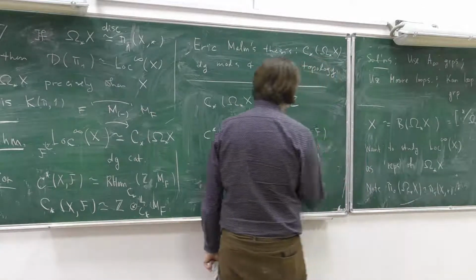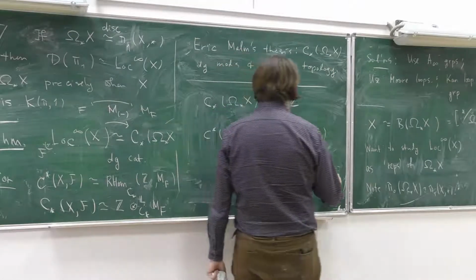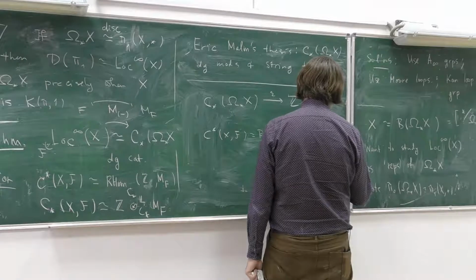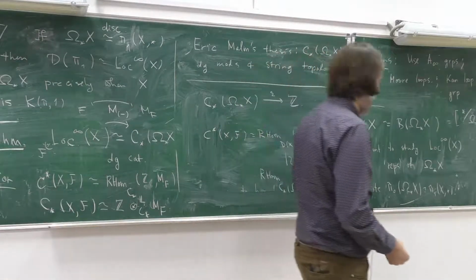So part of the assertion is that the constant sheaf maps to the trivial module. And well, this was just notation. It's wherever the sheaf F maps to. I called it M_F because M is a module.